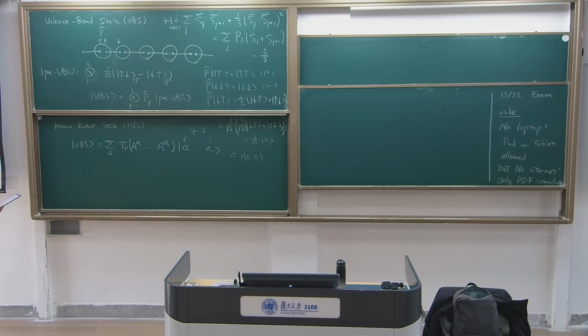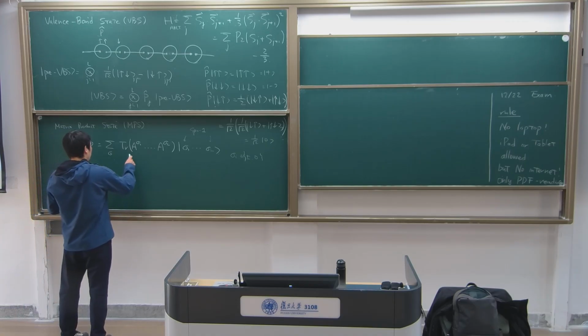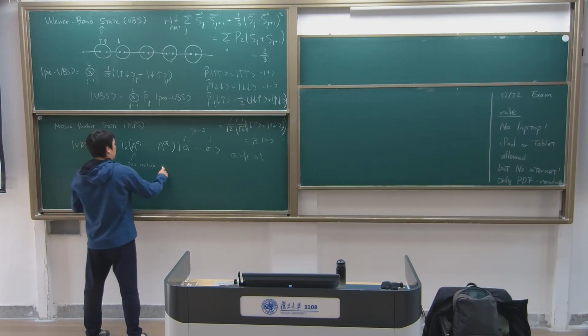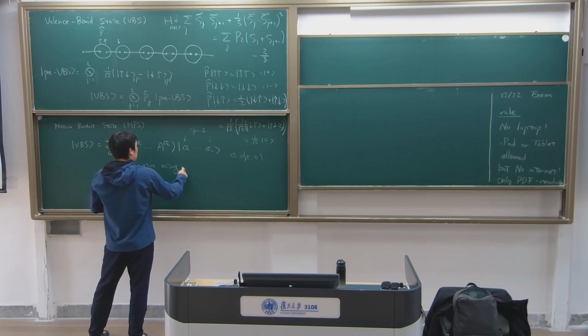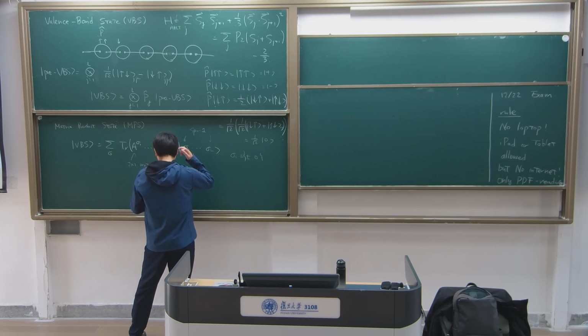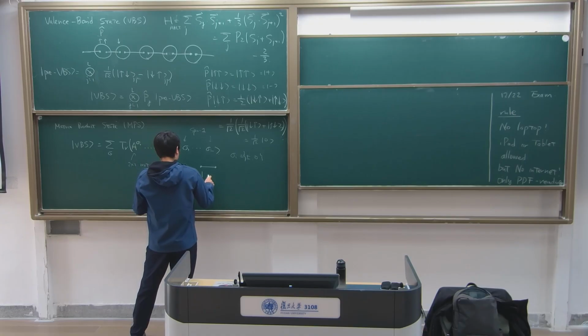And then the rule is as follows. If this A operator is a two-dimensional matrix acting on this part, I call one state something like this, and the two state something like this.